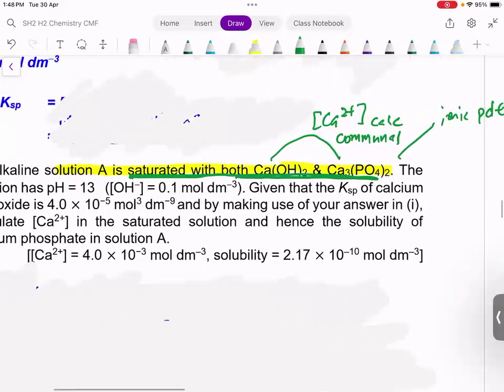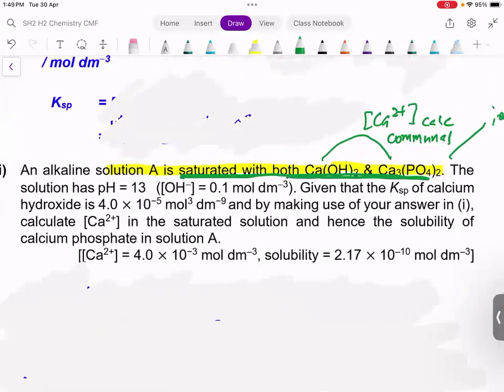Okay, next, the next piece of information is telling you that you are working with pH 13. They are very nice, they calculate the hydroxide concentration for you. In actual fact, you should know how to calculate that. Given that the Ksp of calcium hydroxide is 4 times 10 minus 5, how do you make use of this to calculate the concentration of calcium 2 plus in the saturated solution?